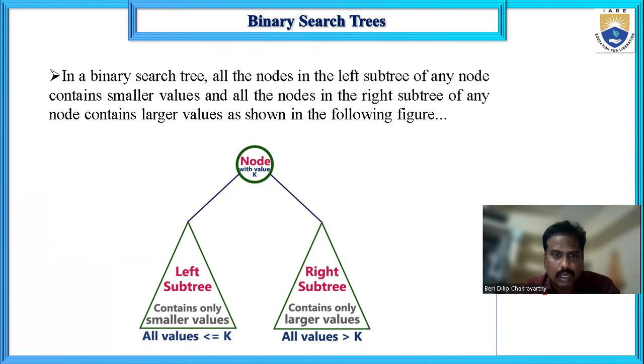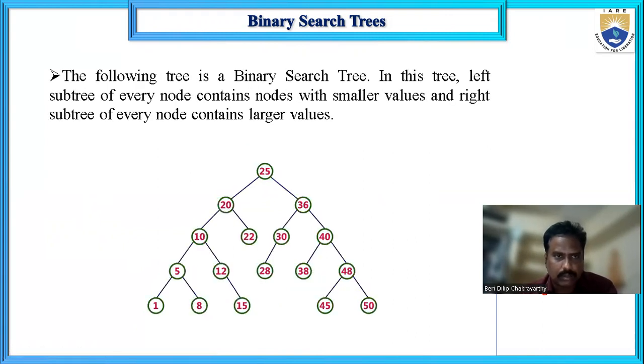K is my root node, and all the elements that are less than k are placed as the left subtree, which contains only smaller values. On the right side, it contains all the values which are greater than k. Okay, so it looks like that.